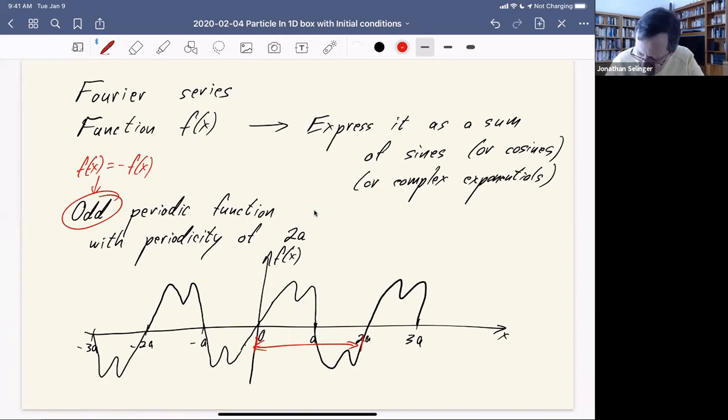Well, let's make up a sine that has the same properties, okay? So we know that sine of x is odd, and it has a periodicity of pi.